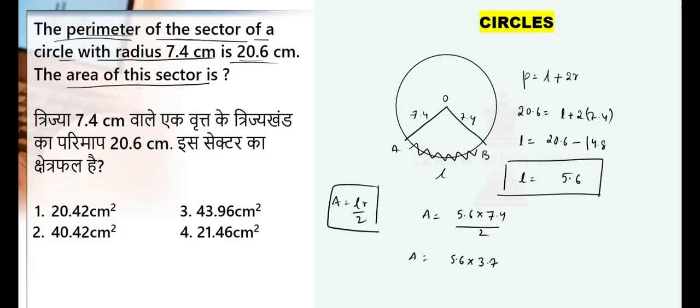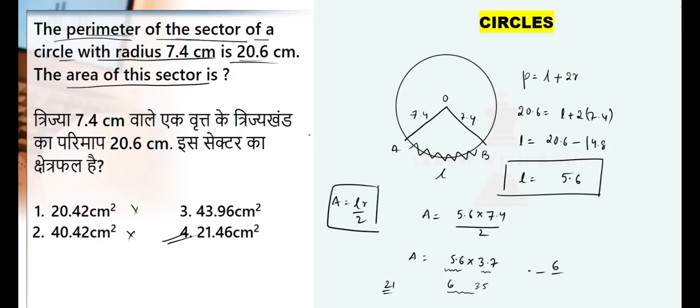So our answer has two decimals and the last decimal is 6. So we have two options like that. So 1 and 2 get cancelled. And see here, if I take approximately 5.6 as 6 and approximately 3.7 as 3.5, I'll get a value like 18 plus 3, 21. So I'll get an answer around 21. So our answer is option number 4.